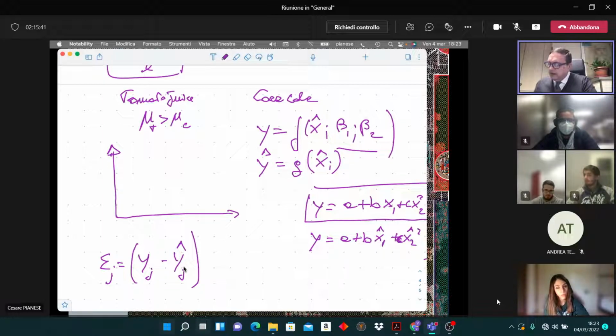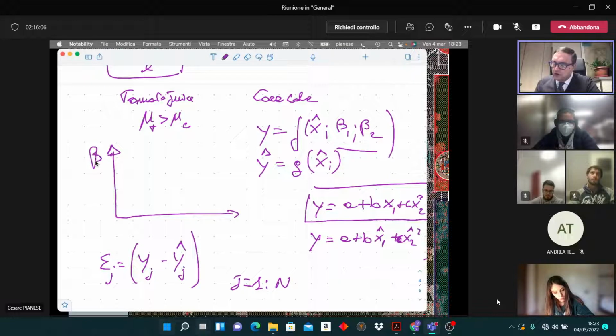Okay, i means the number of the independent variables. Beta 1, beta 2 are the parameters, and j goes from 1 to n, the number of experiments you have done. So suppose that you want to represent your error in 3D as a function of beta 2 over beta 1.